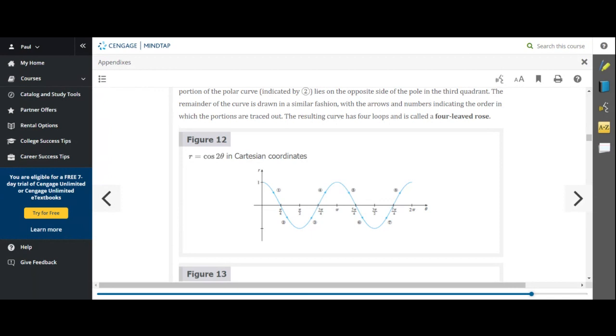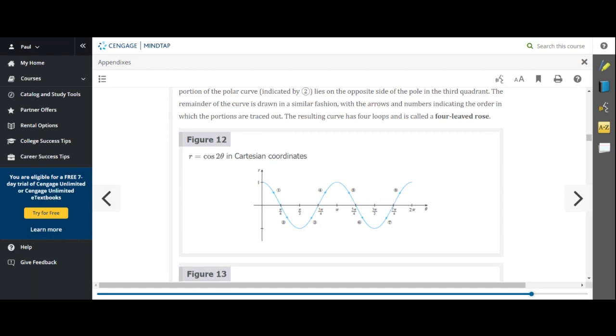And they've graphed this cosine of 2 theta. The horizontal axis is theta, the vertical axis is radius, and they have 8 pieces of the curve there. You see how you have 1, 2, 3, 4, 5, 6, 7, 8.